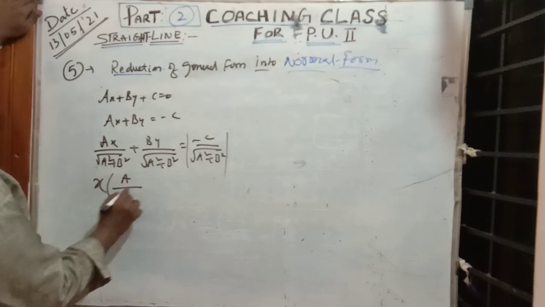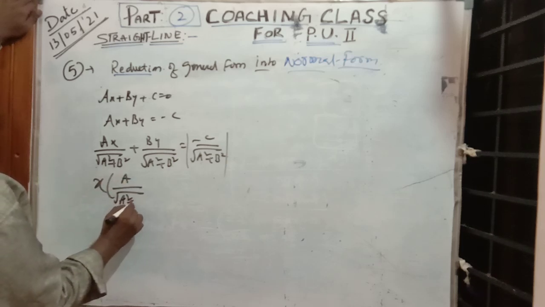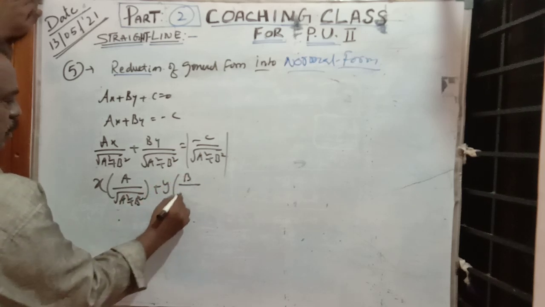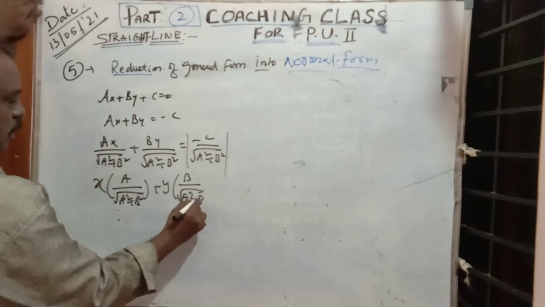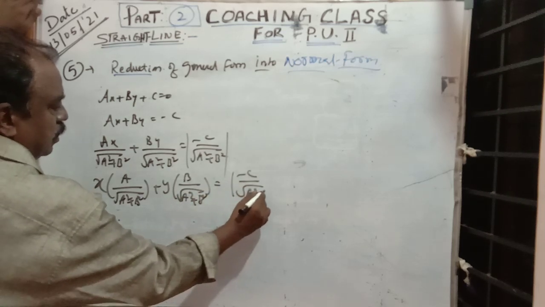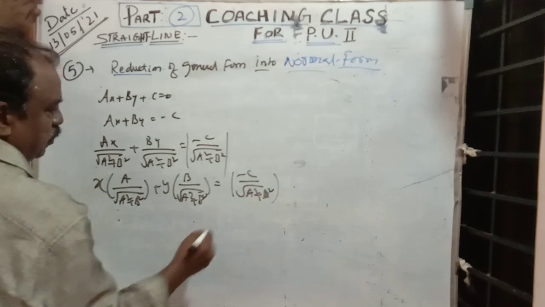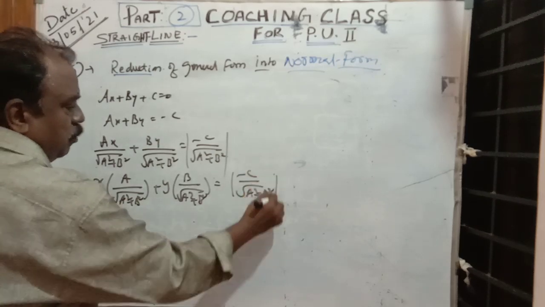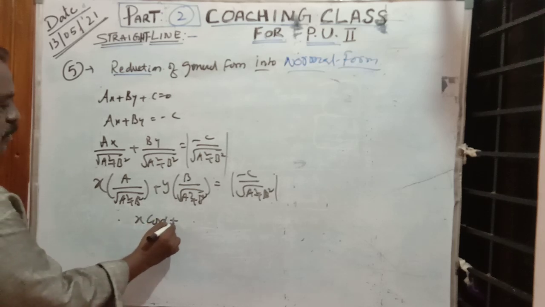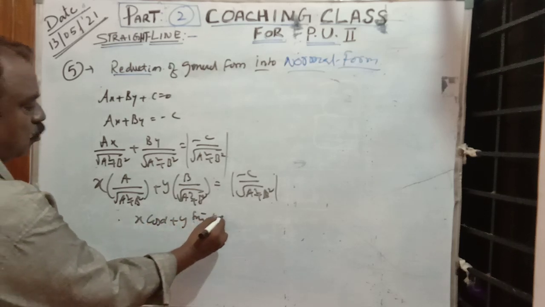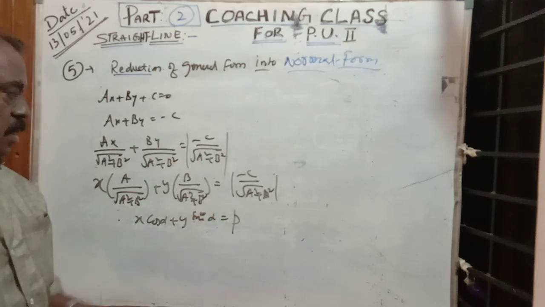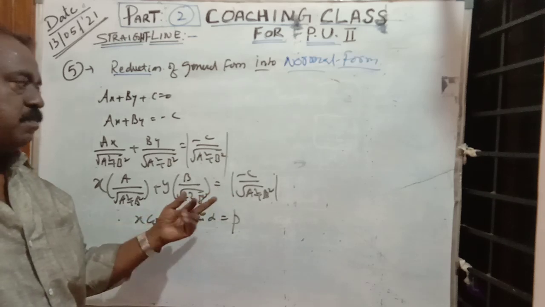Then I will get x of a by root of a square plus b square plus y of b by root of a square plus b square is equal to modulus of minus c by root of a square plus b square. Why put the modulus? Because it is in the form x cos alpha plus y sin alpha is equal to p, where p is the length of the perpendicular from the origin to the line.